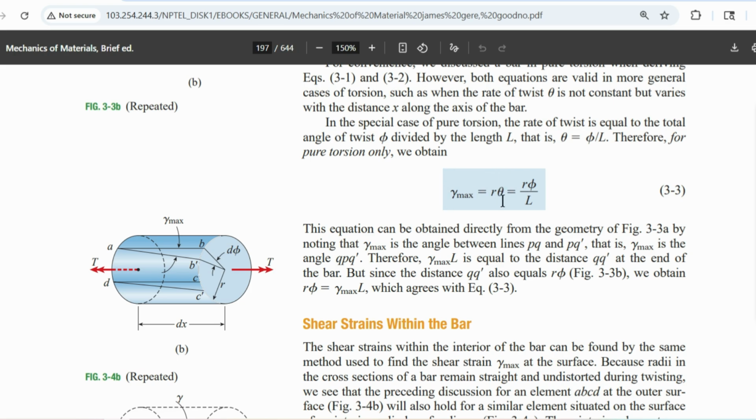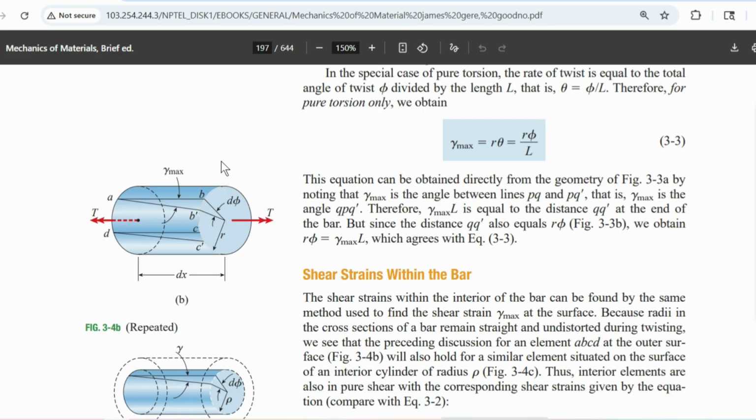So I think I can remember this equation just from radians times radius is arc length. The same arc length forms right here, and then we just say that d phi dx is this value, the twist rate, and we took that radius over here and brought it over there. So this is the equation for the max.